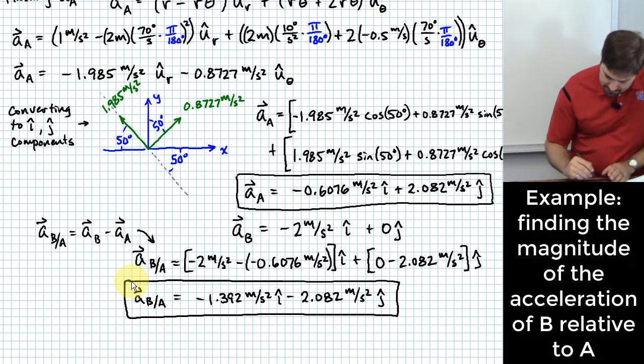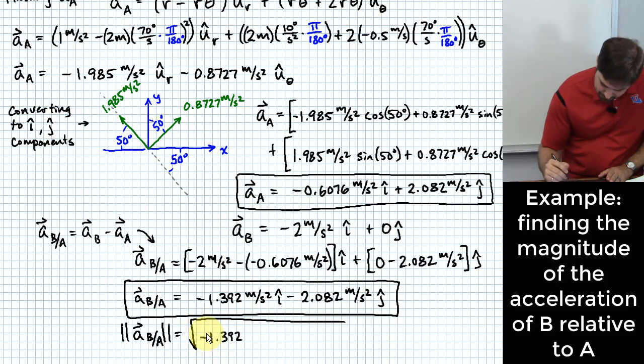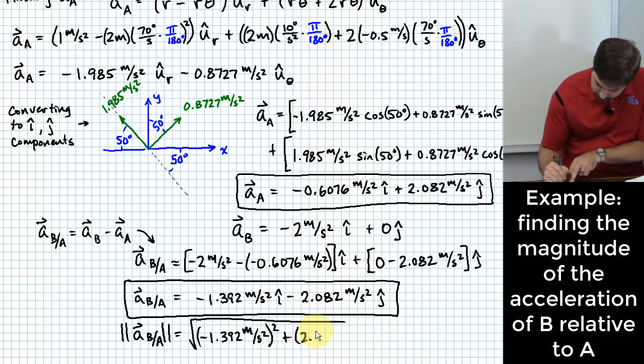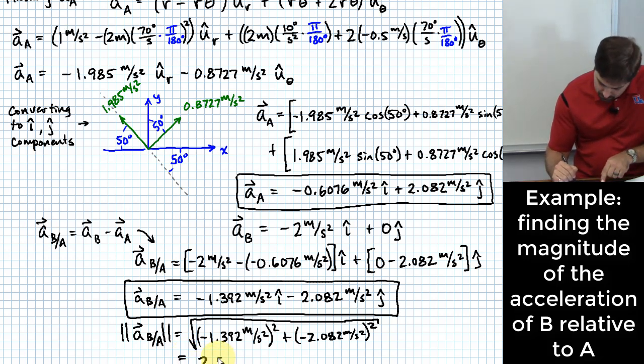And if you're curious, the magnitude of this, which again you get by just doing the square root of the sum of the squares, comes out to be 2.504 meter per second squared.